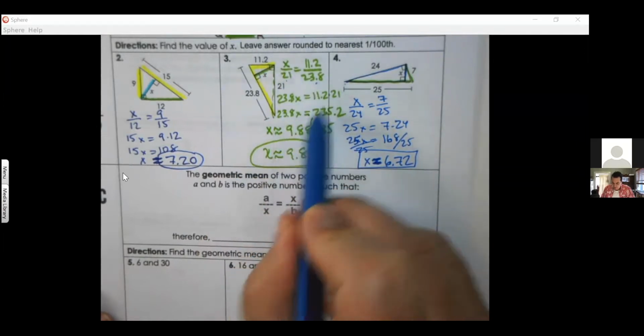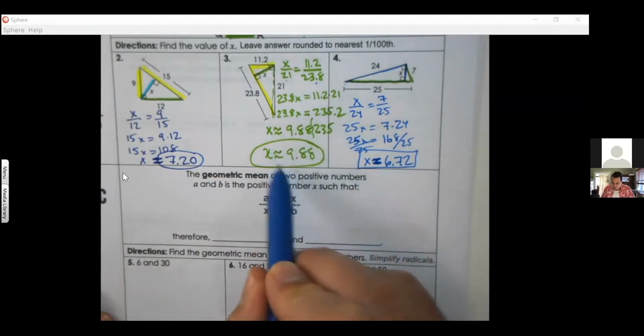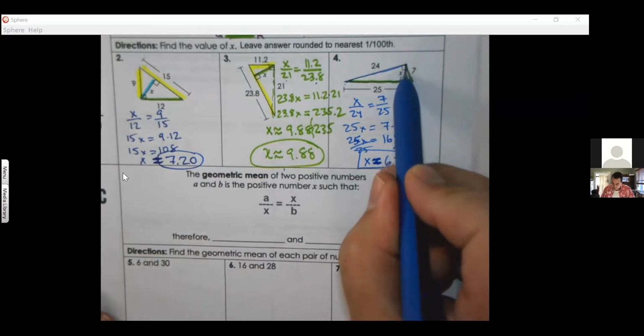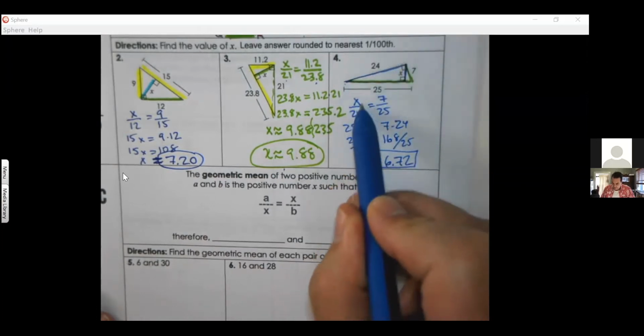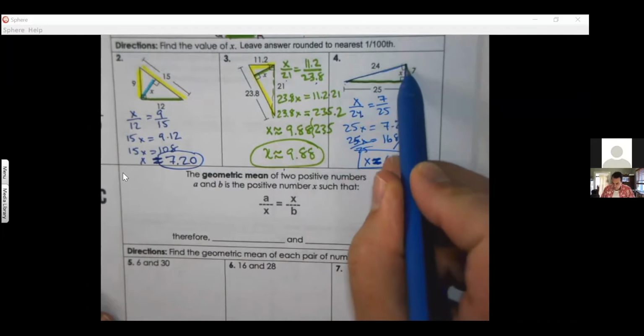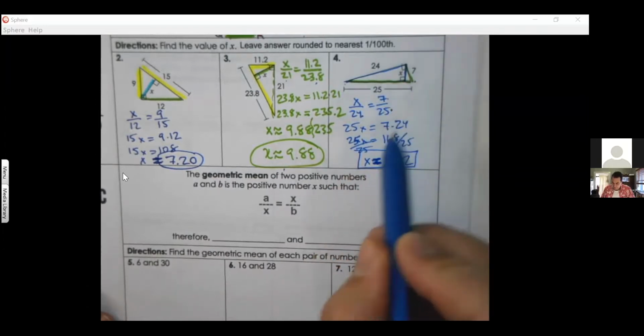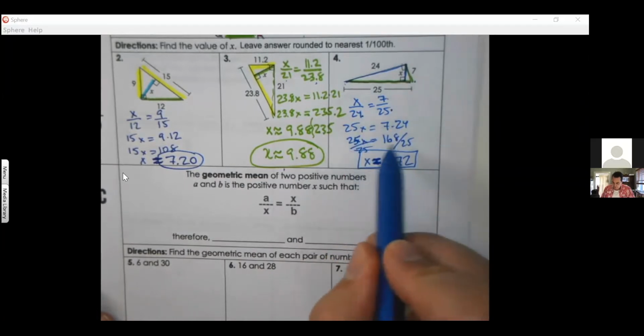Cross multiply, multiply, divide, and solve. Similarly for this one, I'm going to take the short leg of the middle is to the hypotenuse, x is to 24, as the short leg of the biggest one is to its hypotenuse, 7 over 25. Cross multiply and solve.